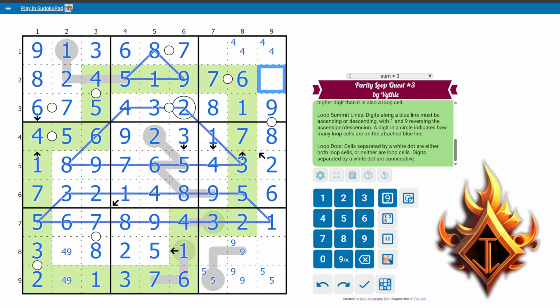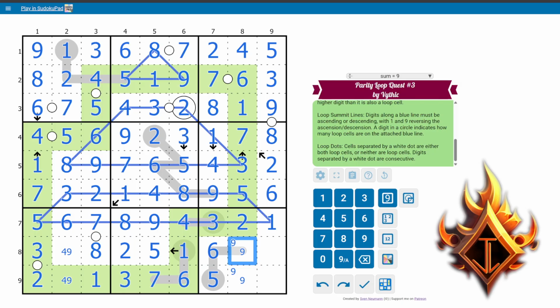Now this has 1 digit left, which is a 3. Then we have 4, 2, 4, and 5. 2 is there. 5 is there. 4 is there. We'll get a 5 here. This has 1 digit left now, which is 6.